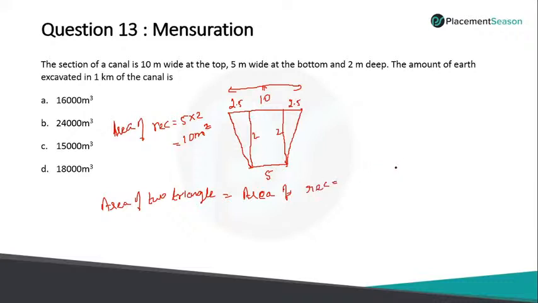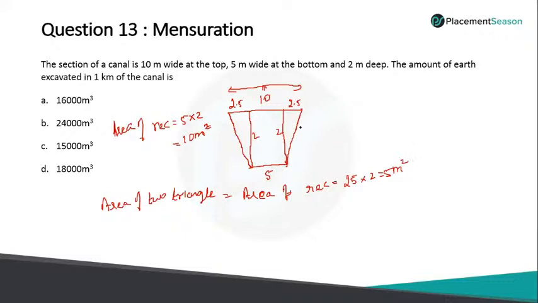What is that? 2.5 is the total length and the breadth is 2. So 2.5 into 2, which is 5 meter square.